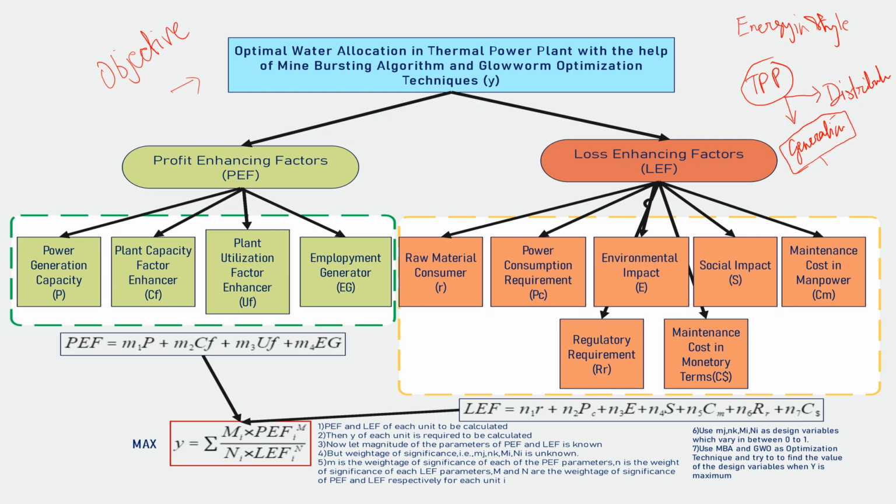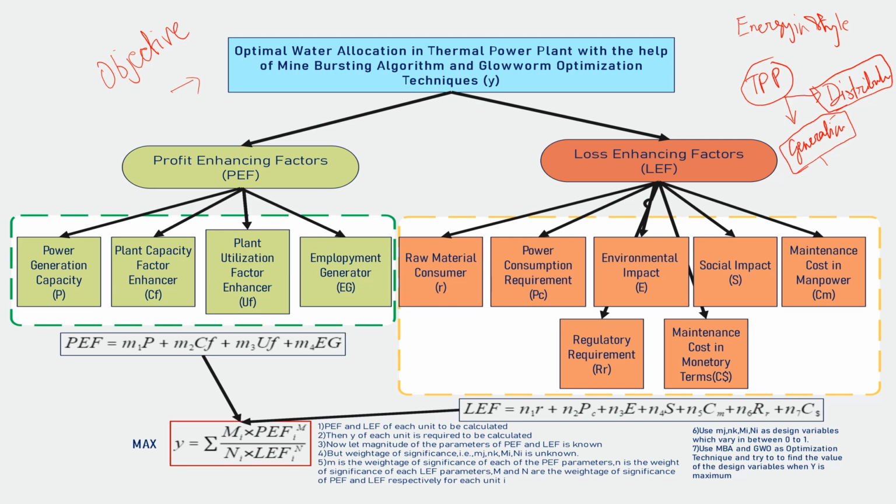The steam turbines are connected to the generators, and the generator is used for generating power, which is again supplied to the step-up transformers such that it can be distributed. So without distribution unit, the generated power will not be distributed, and it can only be used for storing or charging some batteries and all this thing. But the majority objective of a thermal power plant is to generate power and distribute the same.